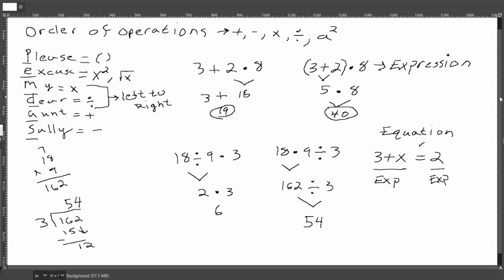Let's see if there's anything else. So the addition and subtraction also works in the same way, unfortunately. I'm going to go ahead and just clear the whole screen, you guys, okay? So hopefully by now you have this written down in your notebook somewhere, right? So when we have addition and subtraction, those also go left to right.